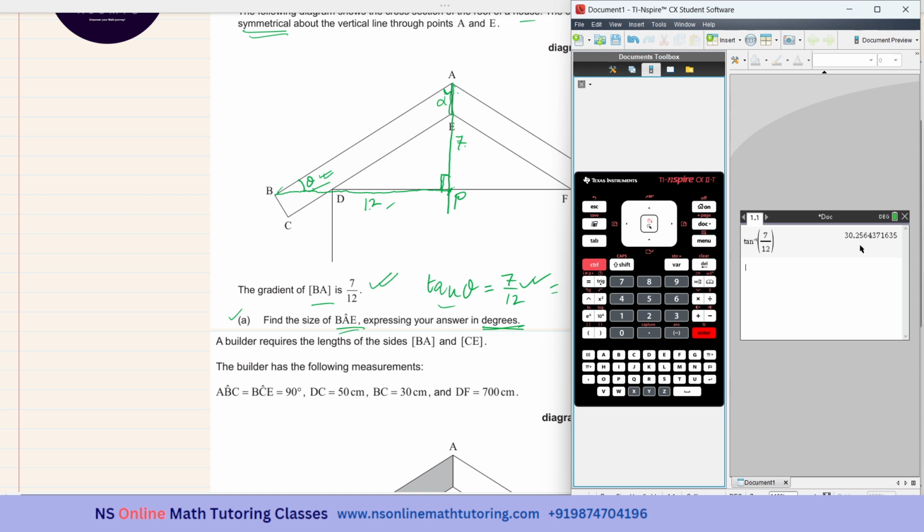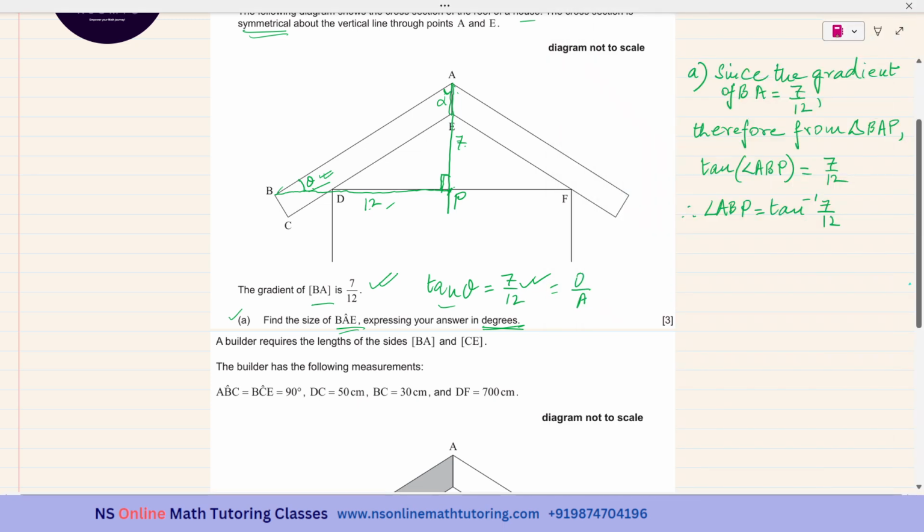This is not the final answer, so I will not take the three significant figures value. So it is 30.2564 degrees.